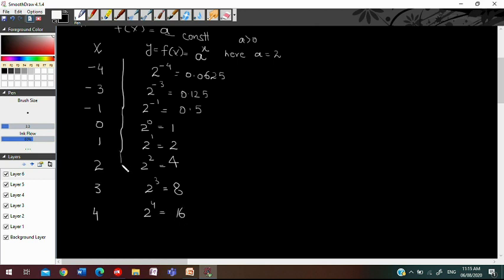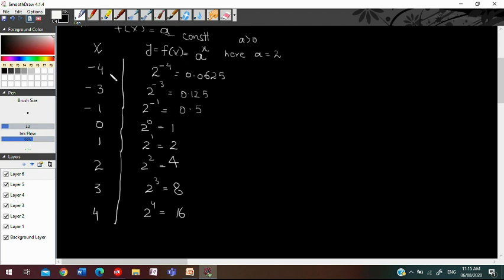Now by doing this simple calculation, you can make this table, and the concept is very simple. You give some values to x, and by giving different values to x, you can calculate the corresponding value for y.